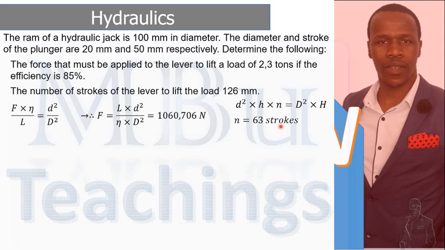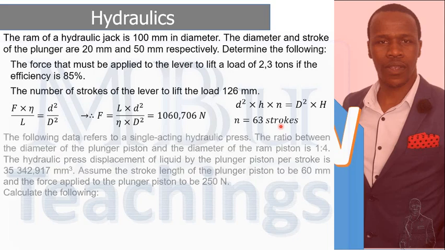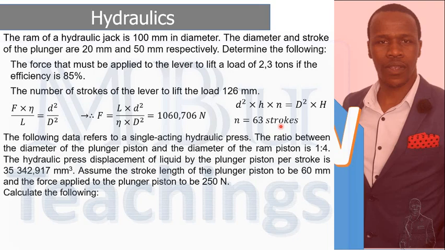Okay, let's move to the next question in line. I think it's actually the last under this section of hydraulic presses. It says the following data refers to a single acting hydraulic press. The ratio between the diameter of the plunger piston and the diameter of the ram piston is 1:4.